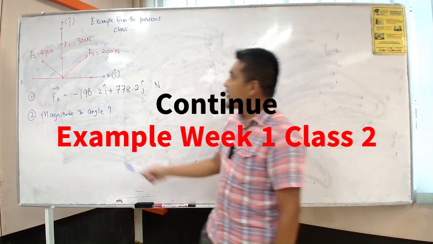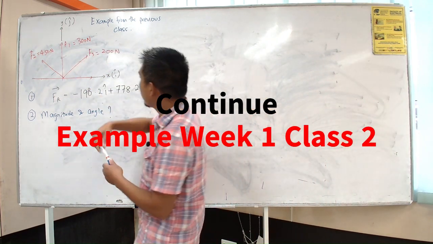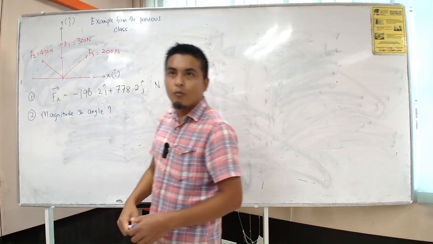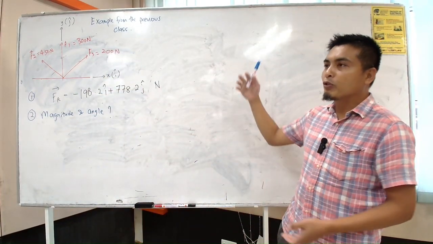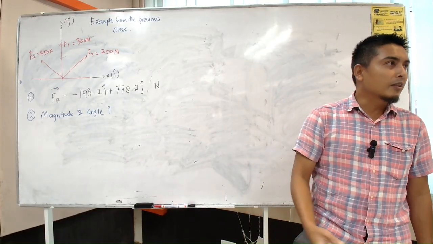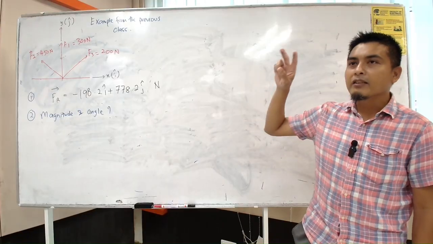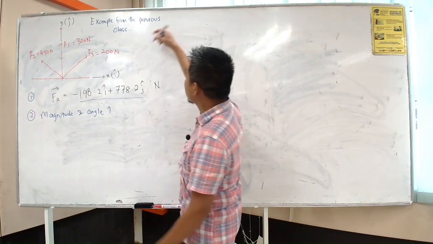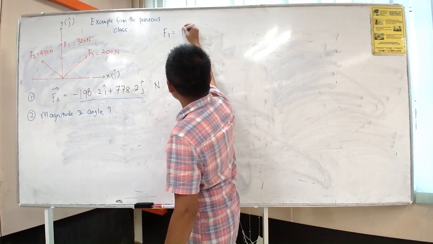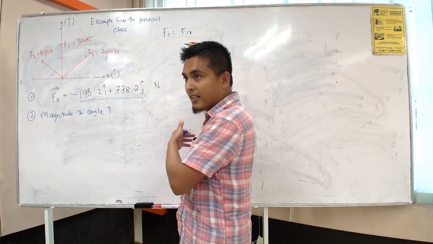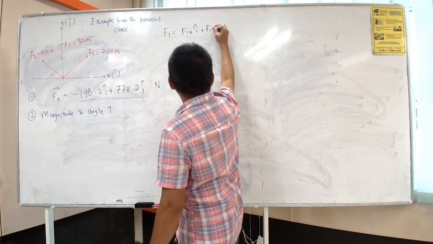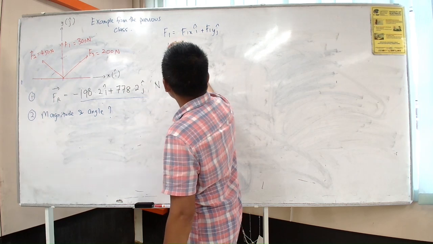The example gives you how many forces? There are 1, 2, 3 forces, which are F1 equal 300 Newton, F2 450 Newton, and F3 is 200 Newton. In the previous lecture, we wanted to find F1x in I direction plus F1y in J direction.